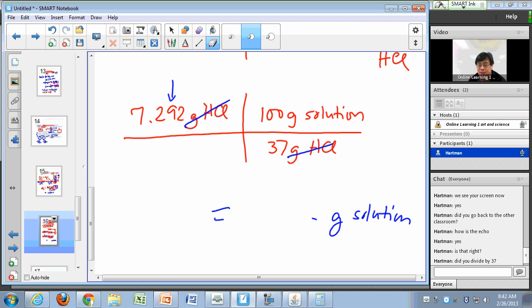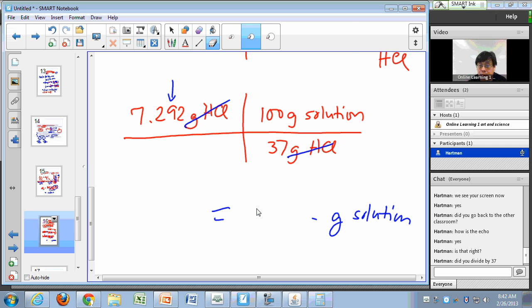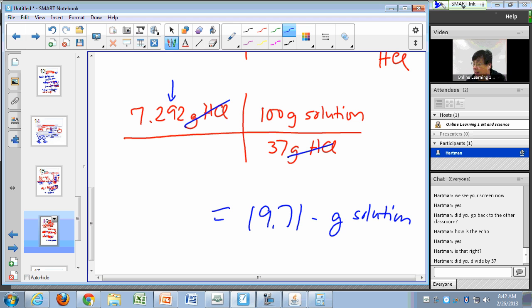What's 729.2 divided by 37? 19.71. Okay, so it's 19.71 grams, keeping in mind, like I said, that we only have 3 sig figs, so it's really 19.7.